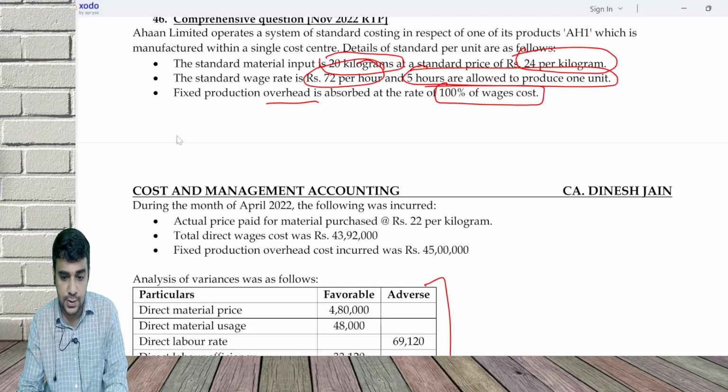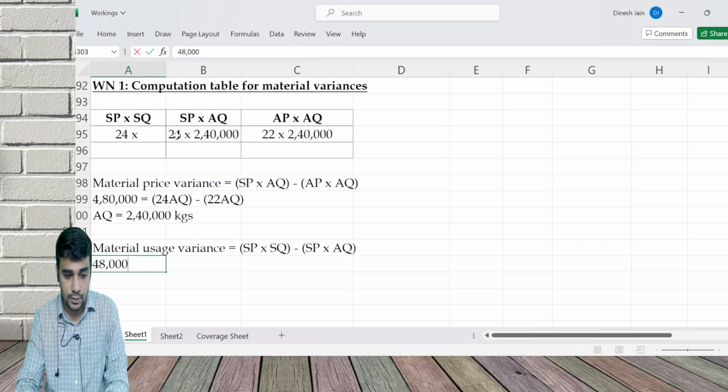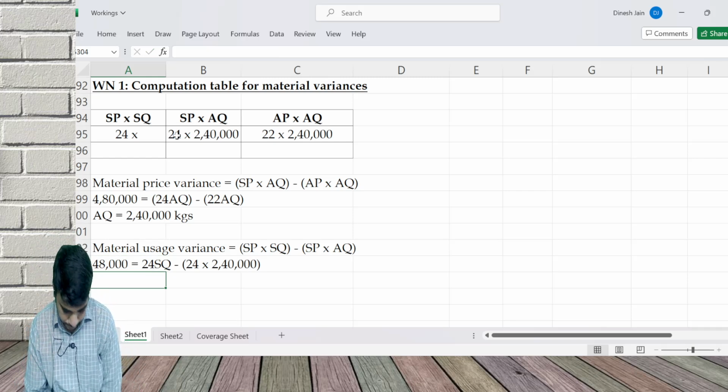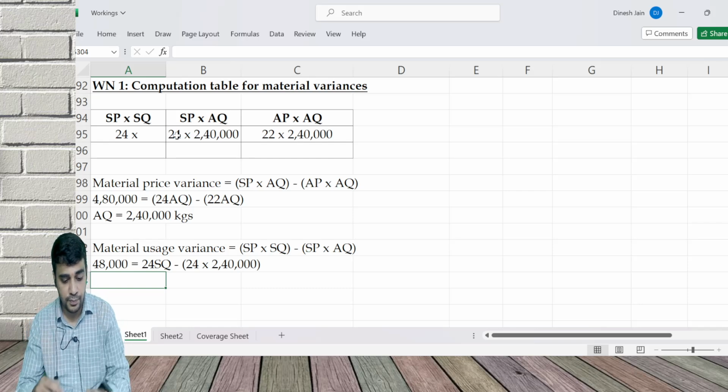Okay, 48,000 is equal to 24 into SQ minus 24 into 2,40,000. How much is the SQ? 2 lakh.